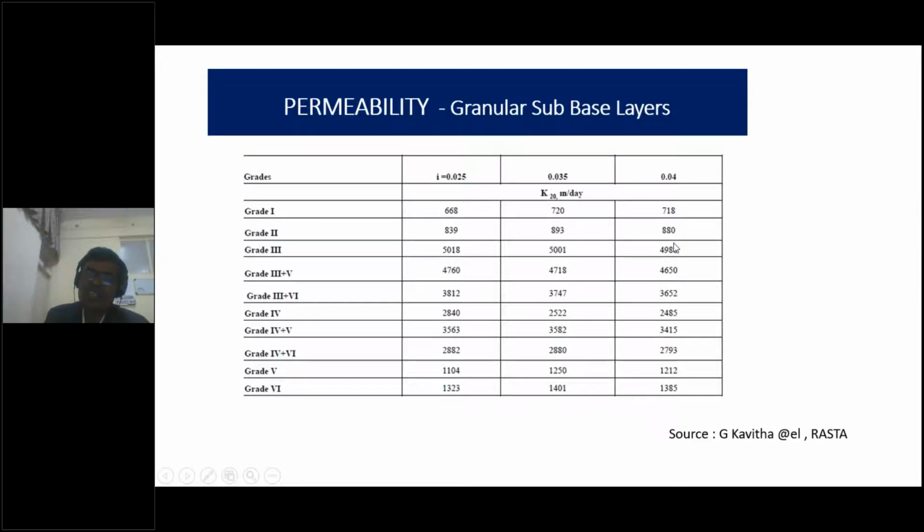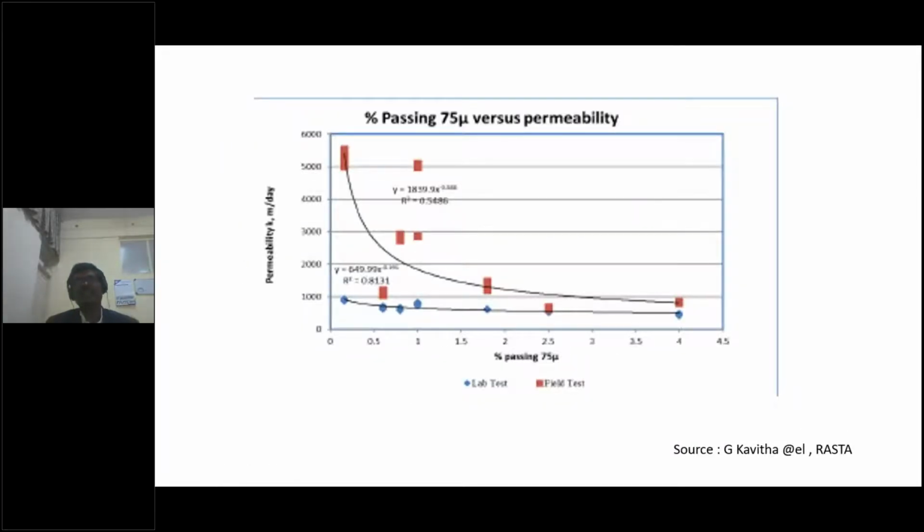What is more important for a GSB layer, granular subbase layer, is controlling the finer content, controlling the dust, controlling the passing 75 micron in the layer. As we know, the intended purpose of the GSB is to drain out the water, to keep the layer system intact, stable, safe.